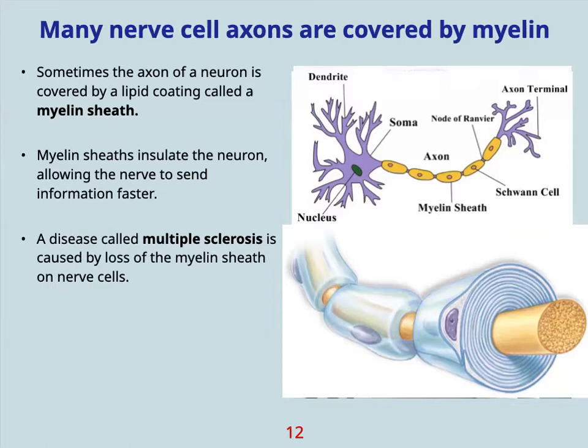It can cause other problems related to their control of muscles, such as weakness, clumsiness. They may fall, they may not be able to open jars, and they may not be able to control their bowel movement or their bladder very well. But if it affects sensory neurons, sometimes they can also cause sensory symptoms.